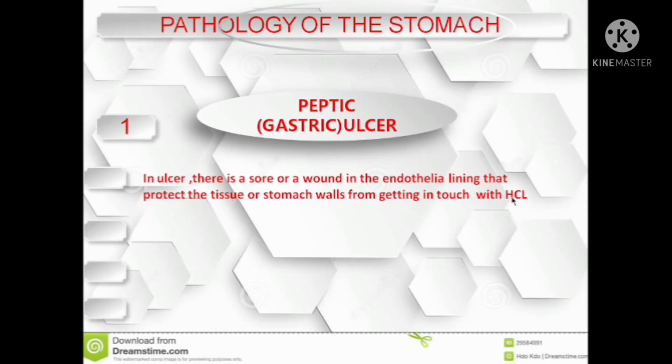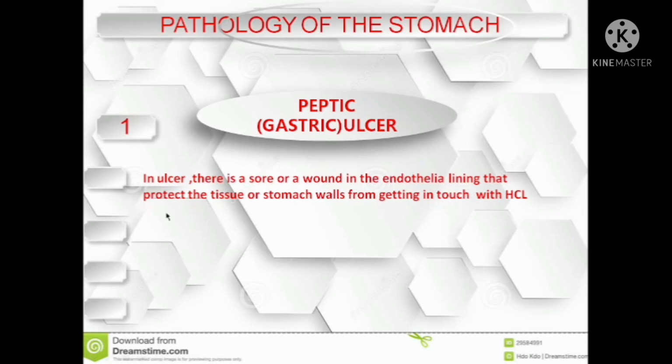So one may ask, what will cause the sore or the wound in the endothelial lining? Because in normal circumstances, there shouldn't be anything like inflammation or sore or wound. It should be there to protect the stomach wall from getting in touch with HCl.